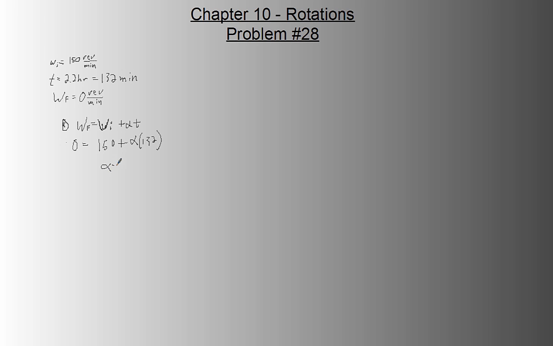So alpha equals negative 1.14 revs per minute squared. And they wanted us to leave that in revolutions per minute.